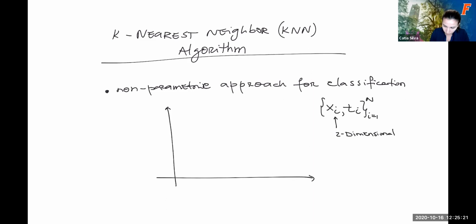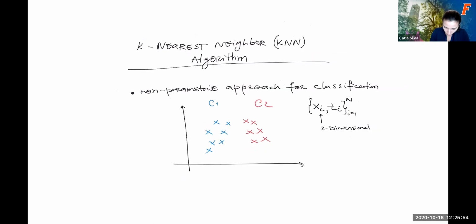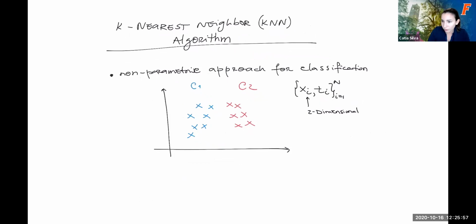Suppose that we only have two labels, and suppose the points look like this for class 1, and suppose they look like this for class 2. The way that K nearest neighbors is going to work is, we have this training data, and we want to classify any incoming test points. Suppose that the test point lands right here.